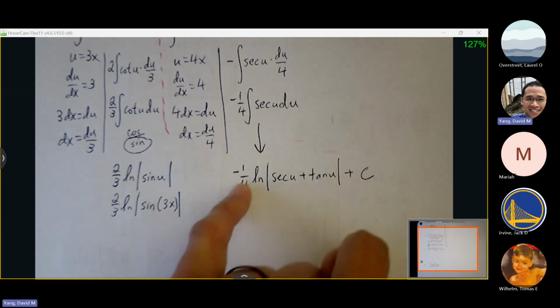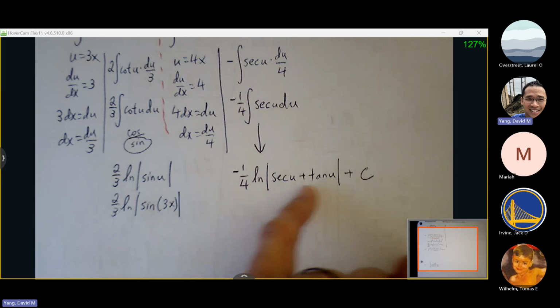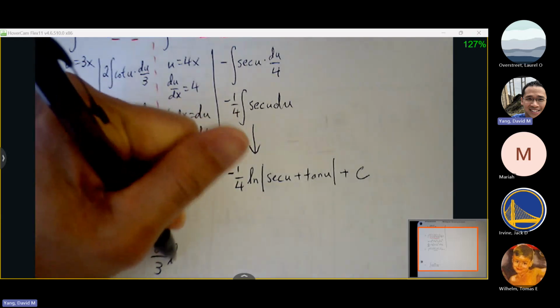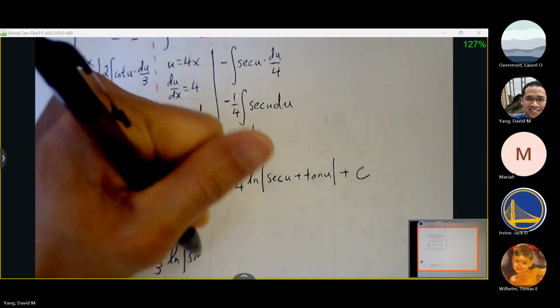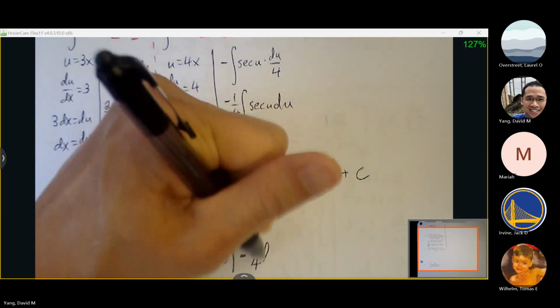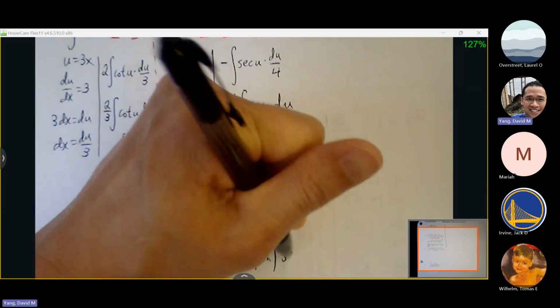So there's not going to be a negative in front. Well, there's already a negative. I'm not going to change the sign there. So here's my final result. And then bring back all your x variable.